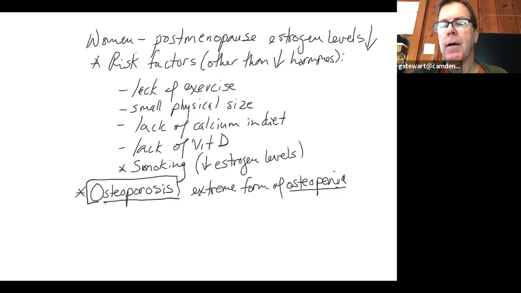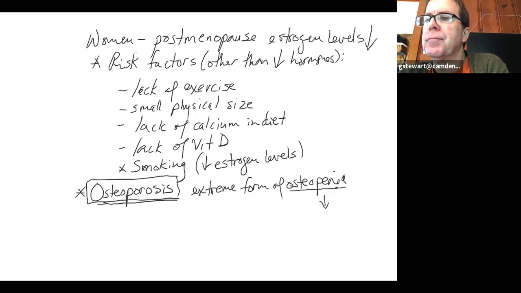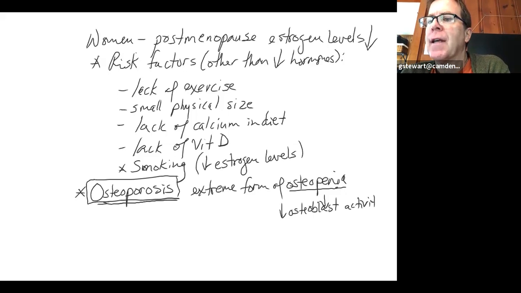Osteoporosis is when osteopenia, which is this process, I'm just going to write the normal decrease in osteoblast activity. And remember, osteoclast activity just keeps chugging right along.